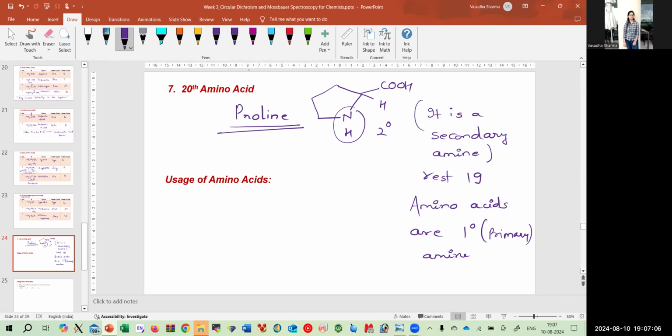We have some usage of the amino acid. Amino acids form proteins, as I have mentioned, by peptide linkages, CONH.